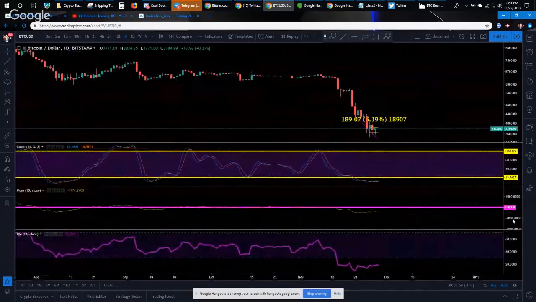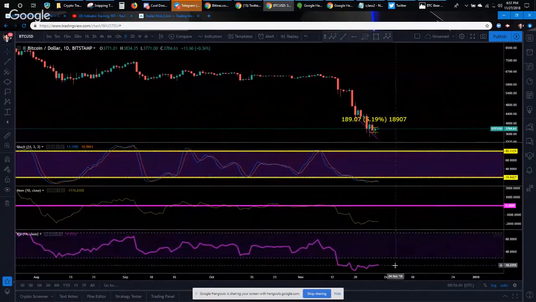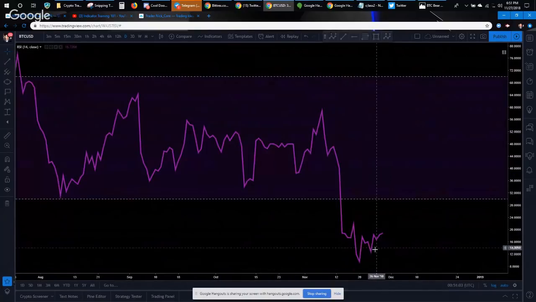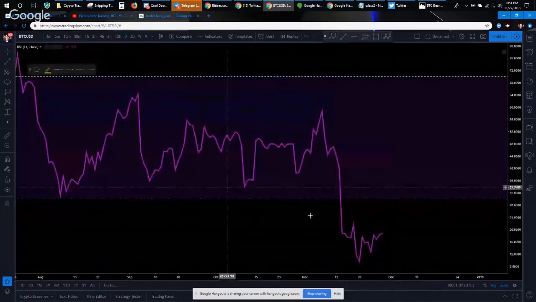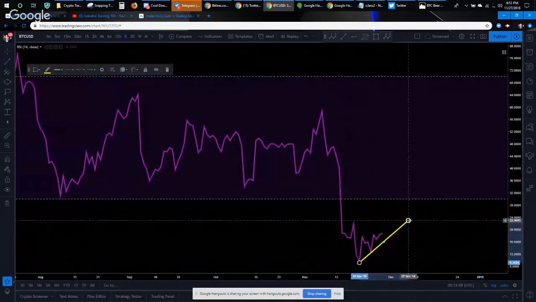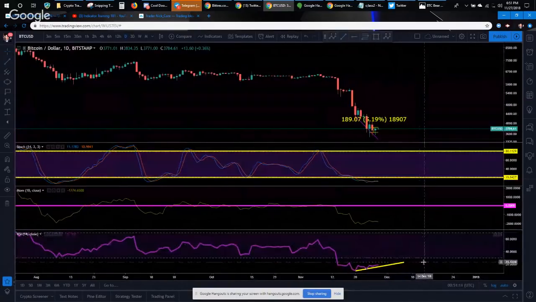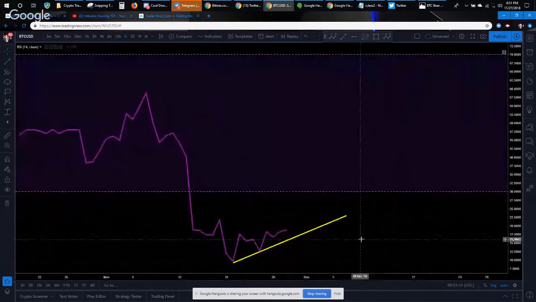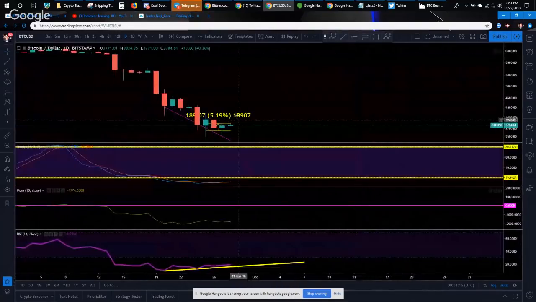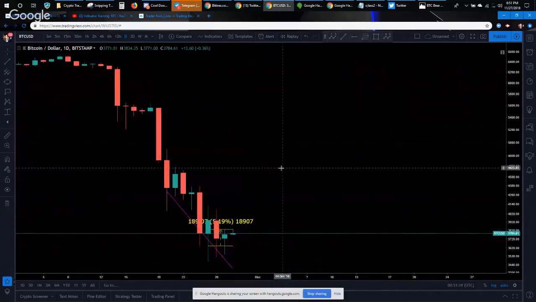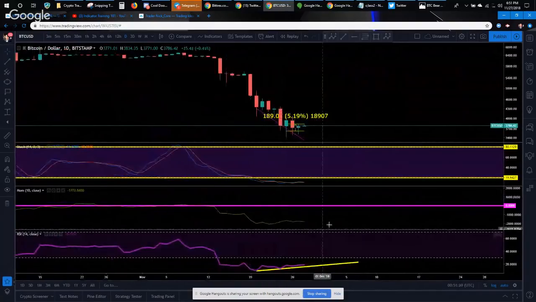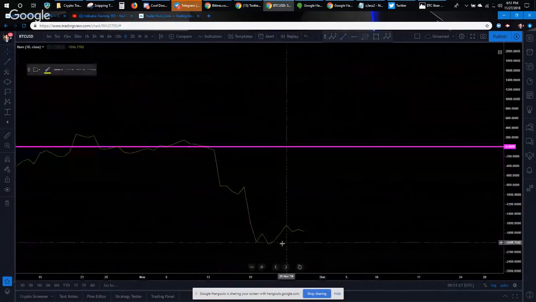Here is where the momentum indicator really comes into use. When we see bottomed-out RSIs such as here, which by the way is showing a bullish divergence on our current price action, I am expecting a pop-up based on these divs. Eventually, these divs are going to play. Not to say that we can't trend lower, but based on these indicators on the daily, we are looking bullish off of that.